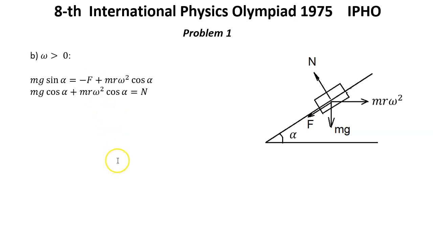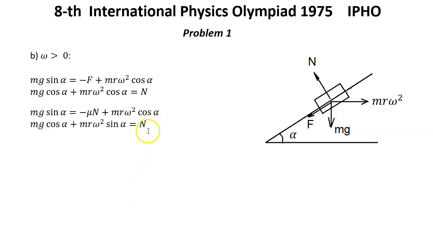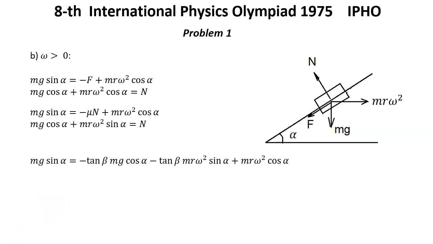Now imagine that the force of friction F has the critical expression mu N. In that case we have this expression, and now we can put this N into the first formula, and instead of mu, again we can use tangent beta. So we have this expression.